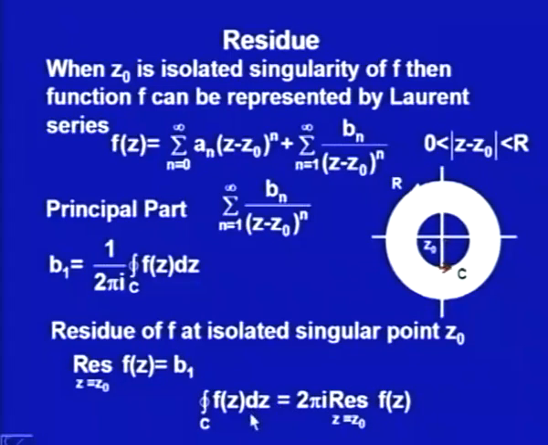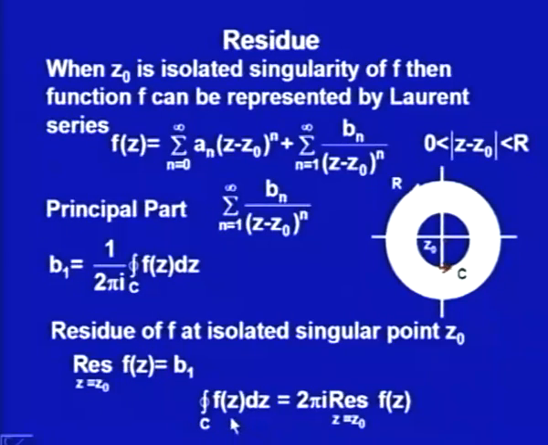Till now, the integration formulas we had got: the Cauchy theorem said that if f is analytic in the whole domain, then the integral along any closed contour would be 0, for an analytic function that is analytic inside the closed contour and on the closed contour.